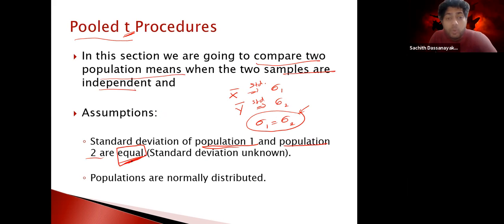We use the pooled t-test always if these standard deviations are equal. But the standard deviations are unknown. Populations are normally distributed. It's just a general assumption we mention if we need to use the t table, or t procedure.